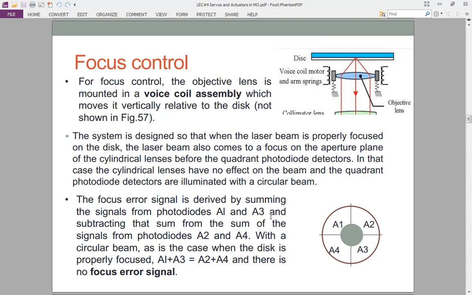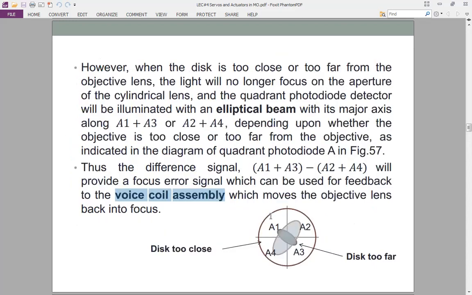The voice coil assembly. Now, I want to assume that we all know how a loudspeaker works. A loudspeaker normally has a permanent magnet, which in most cases has the poles north, south, north.